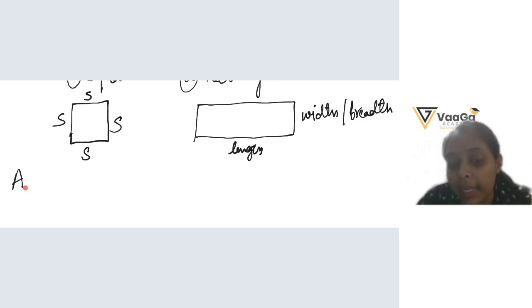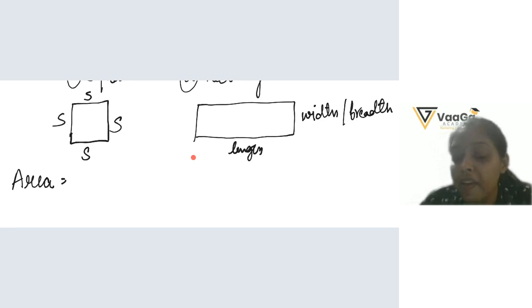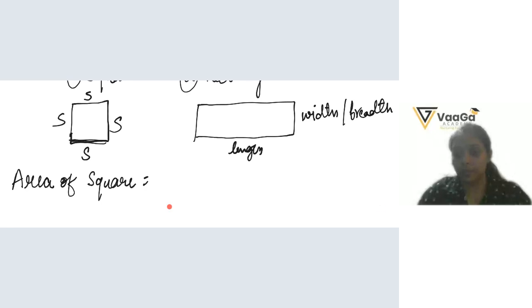To find the area, we multiply the horizontal side with the vertical side. So if I have to find the area of a square, I'll multiply this side with this side.